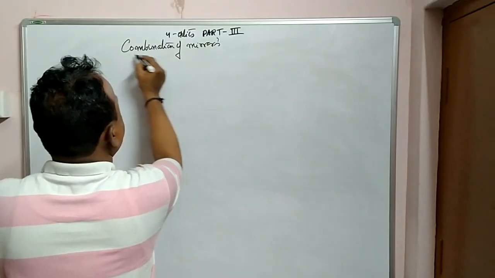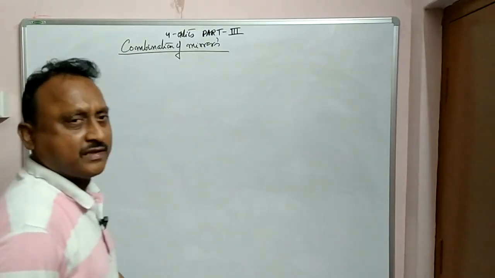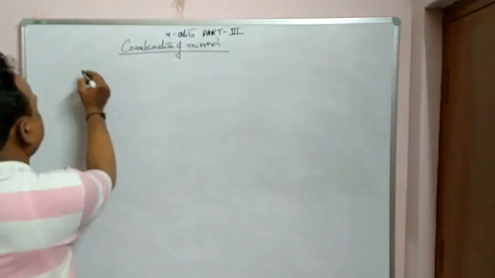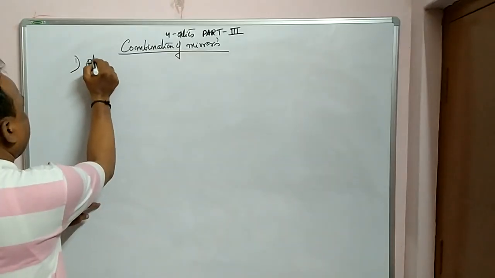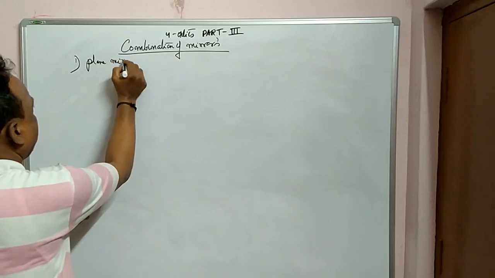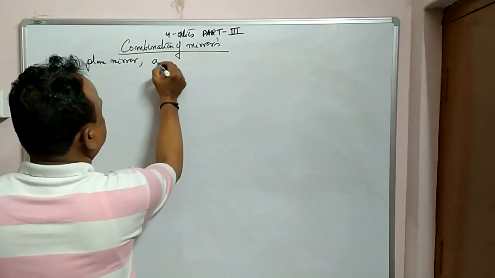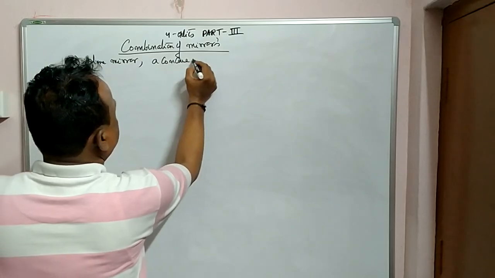Combination of mirrors is very, very important in the examination, MSET or NEET. That means how many such conditions are there for combination? First one, I will take a plane mirror followed by a concave mirror.